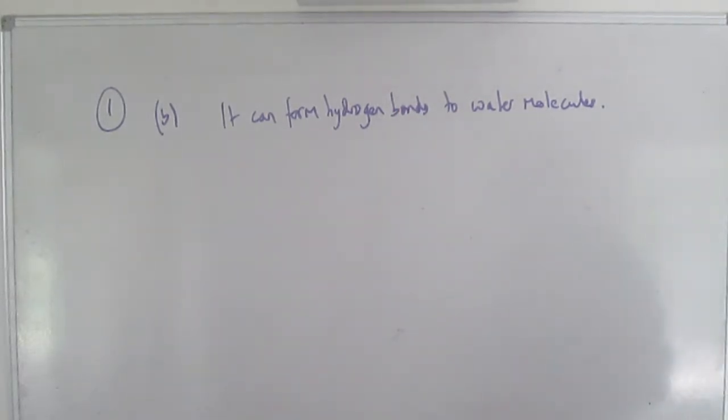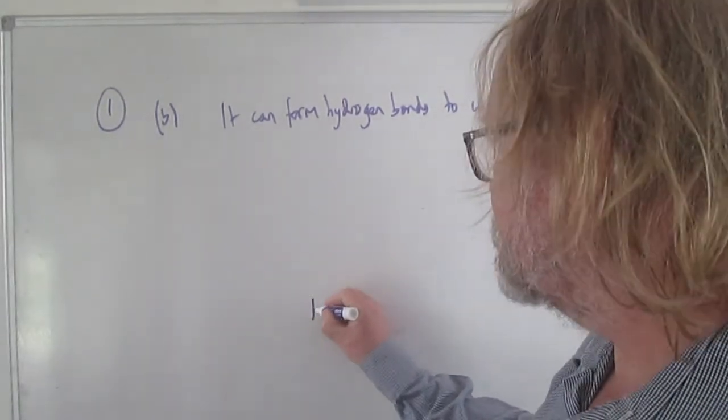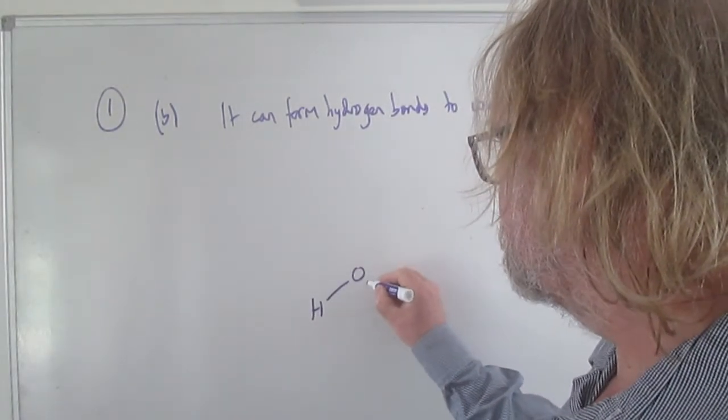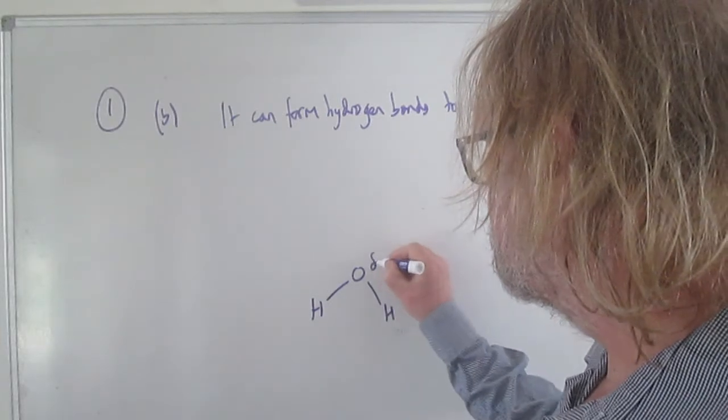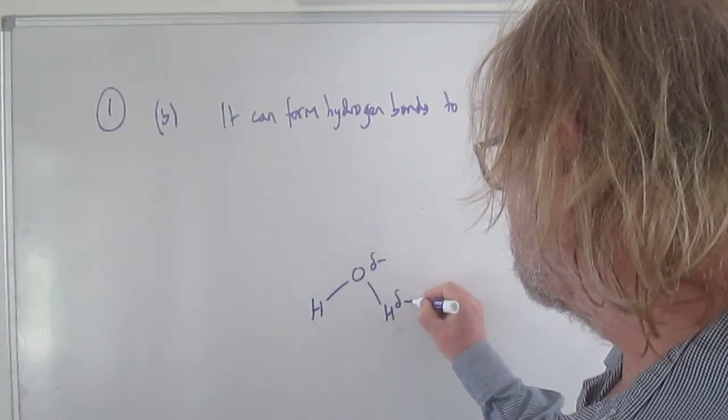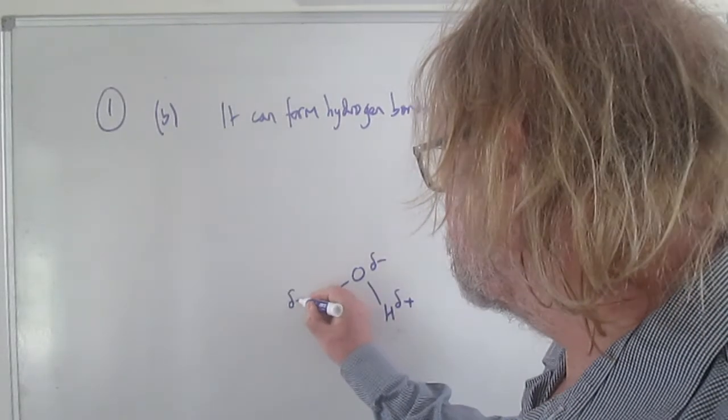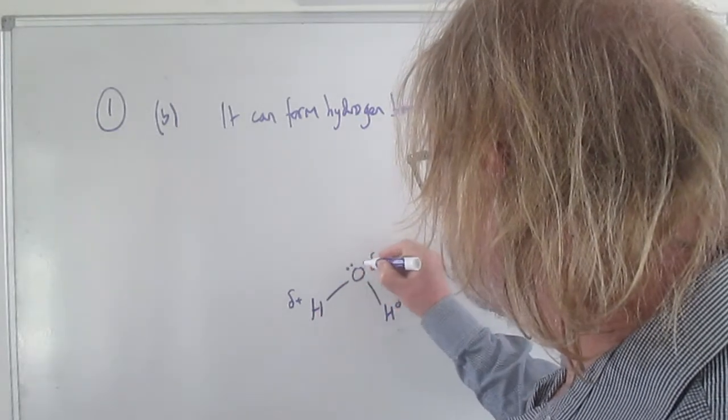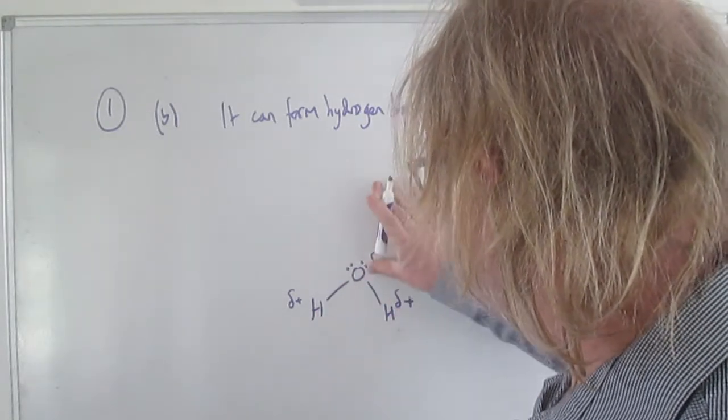Now when you come to do the diagram, the best way to do these is to remember the diagram for water, which you hopefully have learned, because this was one of the key things that we practiced. So remember, you have 2 water molecules and you draw the hydrogen bonding between them.